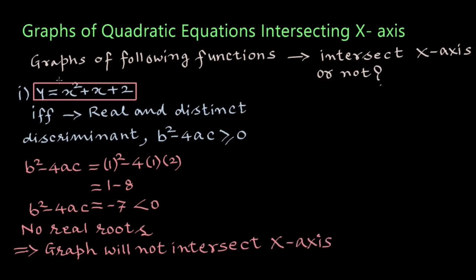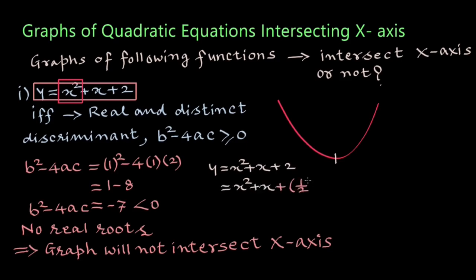Since there is an x² term in the function, the nature of this curve will be a parabola opening upwards. We will find its lowermost point. For that, we write the function y equals x² + x + 2 as x² + x + (1/2)² + 2 − (1/2)². We have created a perfect square here, which we write as (x + 1/2)² + 7/4.